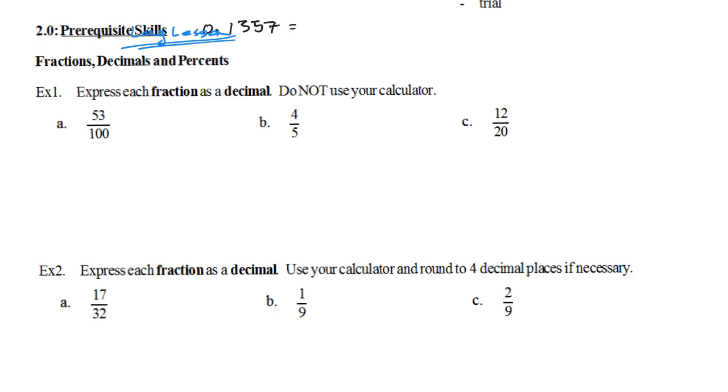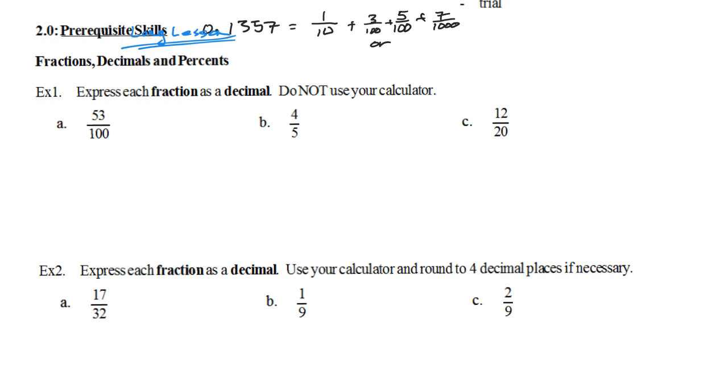We will say this is the same as 1 over 10 plus 3 over 100 plus 5 over 1,000 plus 7 over 10,000.